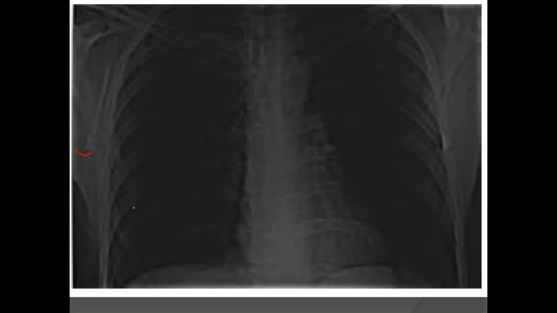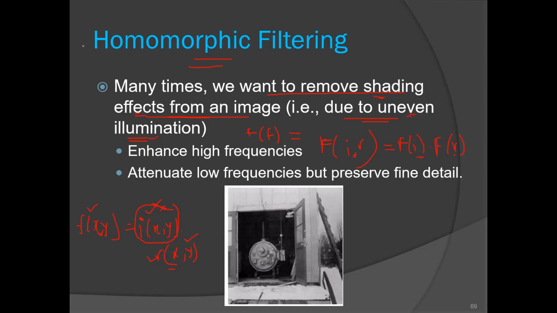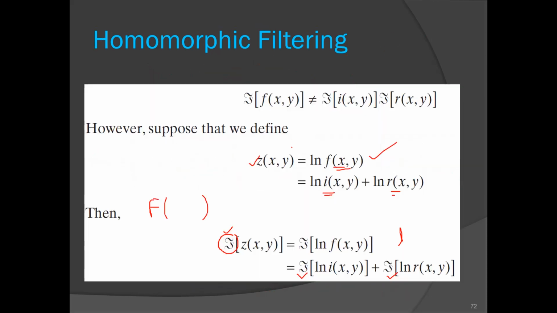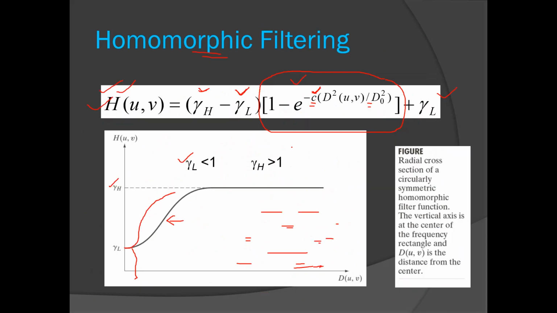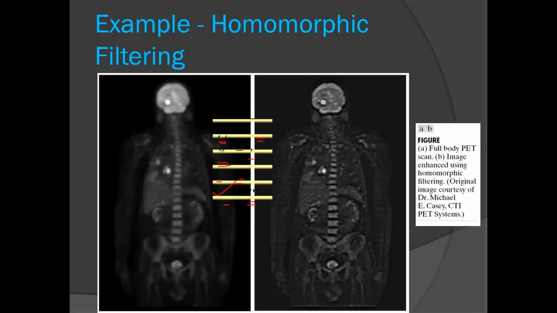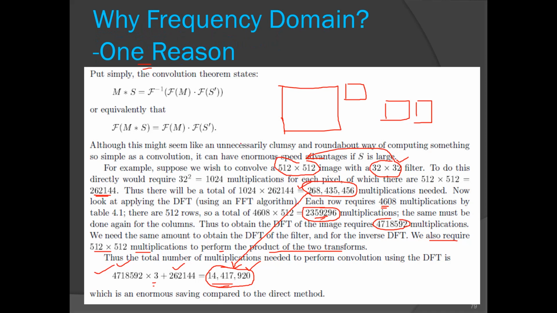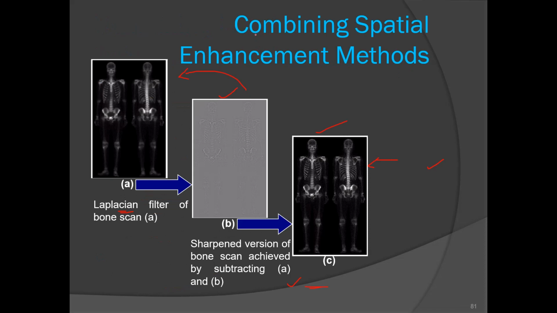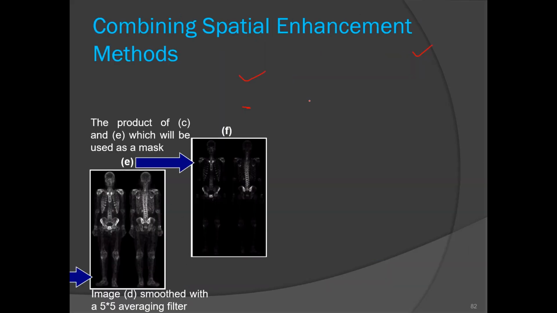And then we have seen homomorphic filtering, where we want to work on the individual components of f(x,y), and there we used the property of logarithms. Finally we have seen how frequency domain filtering is useful, and how to combine different enhancement methods.